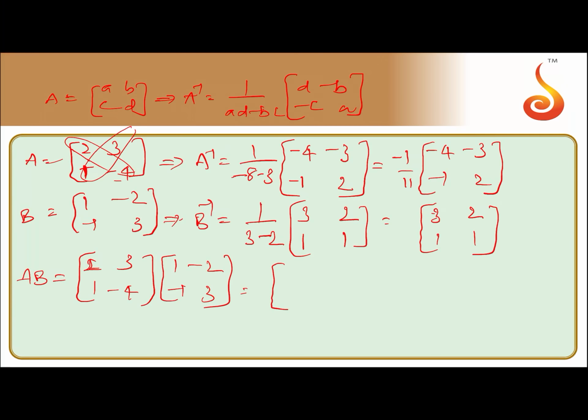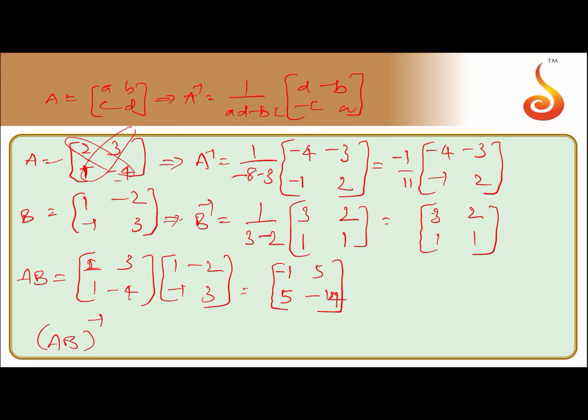So the product is equal to first row, first column 2 minus 3, 1 plus 2 plus 2 minus 3 plus 2 minus 3 minus 1 minus 4 plus 9, 5, 1 plus 4, 5 and minus 2 minus 12, minus 14. And the inverse of this matrix can be calculated.